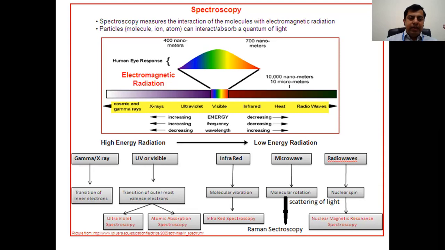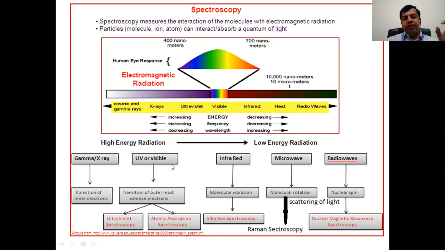But gamma ray is another technique due to the energy difference in the nucleus, in the protons and the neutrons, and this originates another spectroscopy called Mössbauer spectroscopy, or we call it gamma ray spectroscopy.